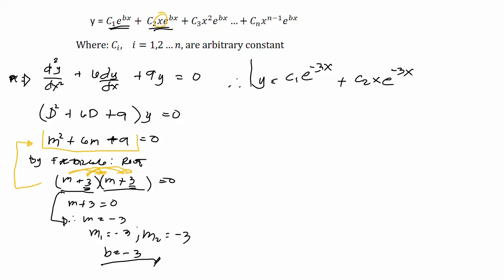That's all for this case 2, where we have two repeated roots of negative 3. That's why we have c1 e to the negative 3x up to c2 x e to the negative 3x.